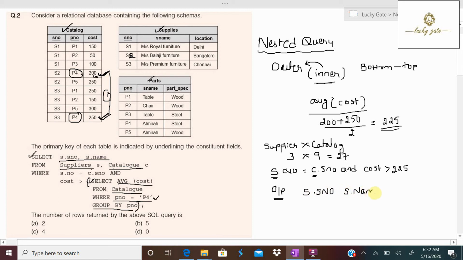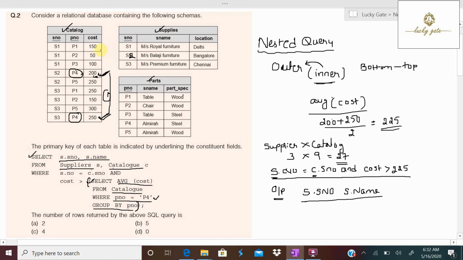Among the Cartesian product tuples, which is the result of supplier cross product catalog, 27 tuples, it is going to select only those tuples satisfying this condition. Now we'll see what are the tuples that are satisfying this condition, s number equals c s number and cost greater than 225. Now we'll see with respect to these two tables.